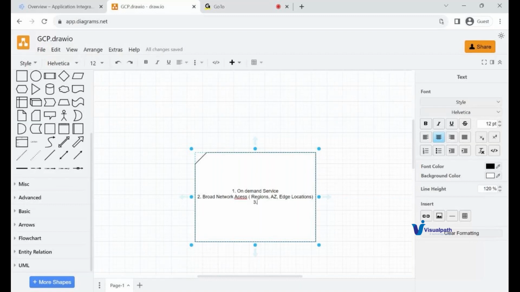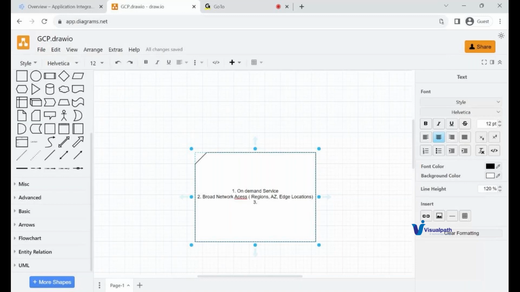So regions, what I mean is, let's take the US. US is a very big country, right? So what they have done is they have divided the US based on a few strategic locations, and they have placed their data centers into multiple locations, right?